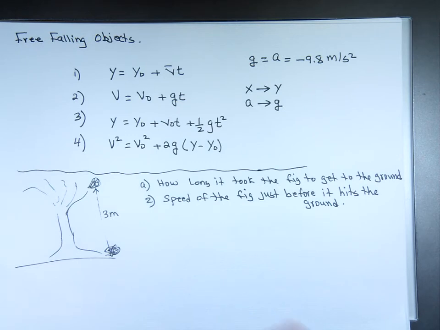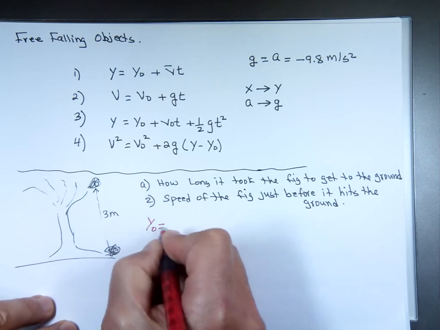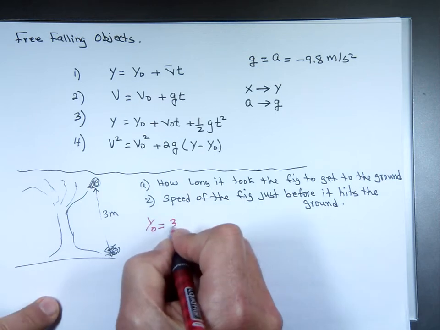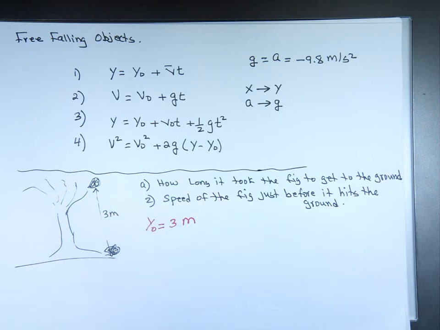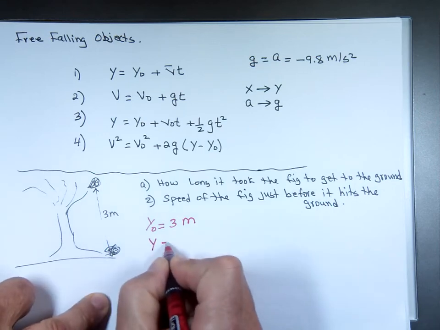Again, there's a lot of information in that problem, just hidden information. Such as what? What do we know? I know the initial height. How high was the fig initially? 3 meters, right? I also know the final height when the fig hit the ground.